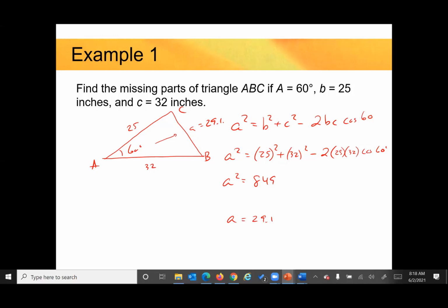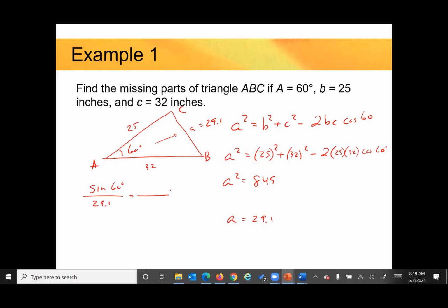So now the question is, can we use the law of sines now? Absolutely. Finally found a side. So now it's going to be sine of 60 degrees over 29.1 is equal to, and then let's choose a side. For law of sines, you want to choose the side that's the smallest, or if you know for sure it's less than 90 degrees.